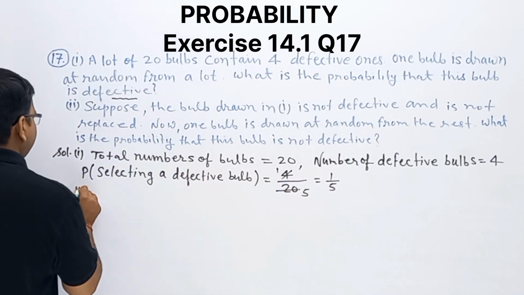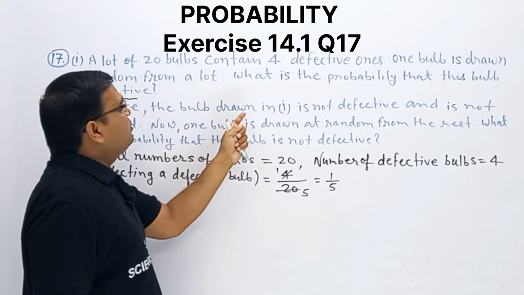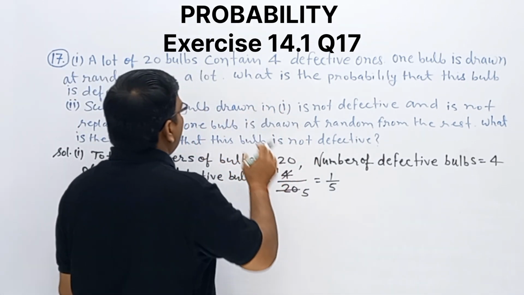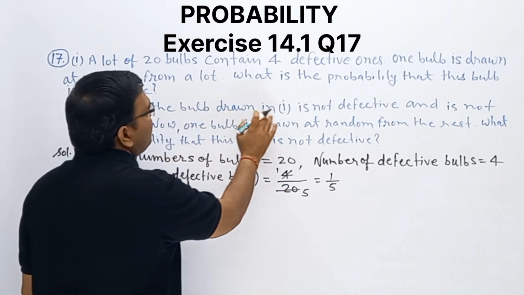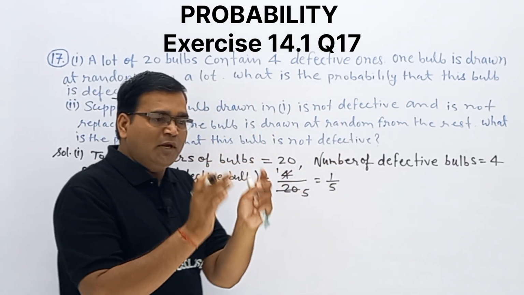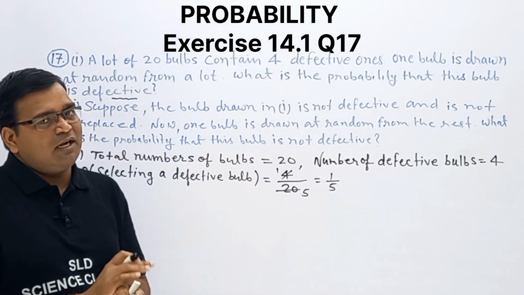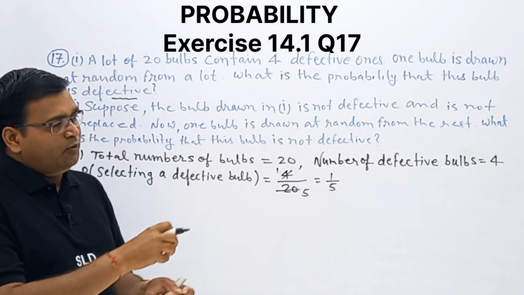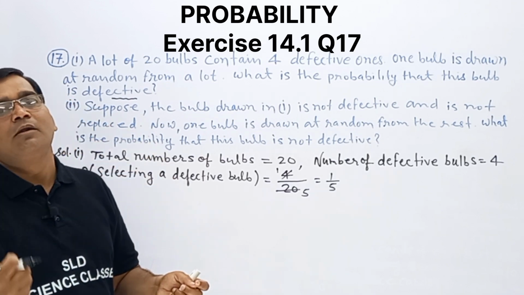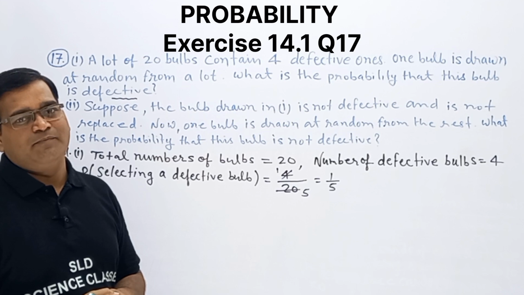Now the second one. Observe. Suppose the bulb drawn in the first one is not defective. We have a lot of 20 bulbs, in which 4 are defective. We are drawing one bulb randomly, but that one is not defective.